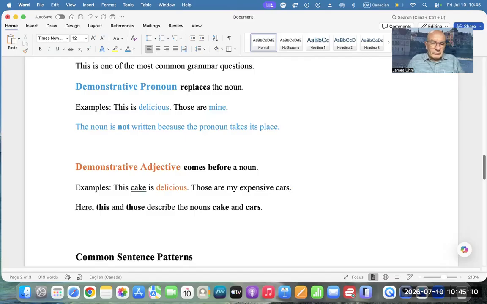Now we have to recognize it. It says comes before a noun. Expensive car. My cars. So I can say my expensive cars or my cars, just like that. We can play with the sentence a lot.